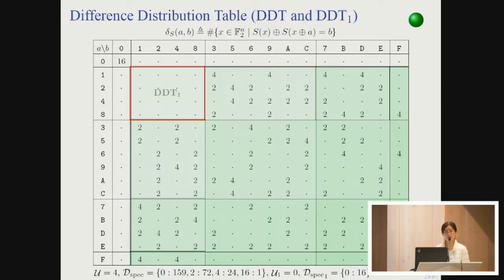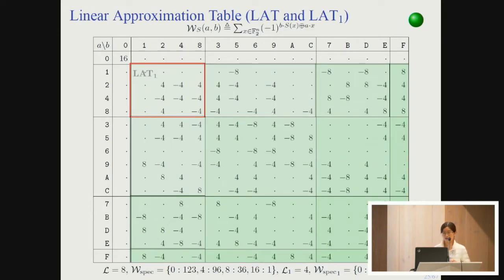Pagan will output the difference distribution table in this form. It will rearrange the rows and the columns so that they are in Hamming-weight order, so that we can clearly see the DDT1 in the left upper corner, and also output the uniformity and the spectrum for the subtables.